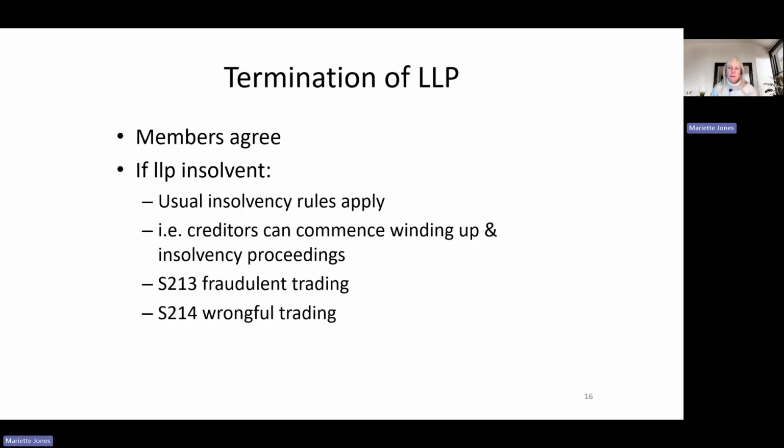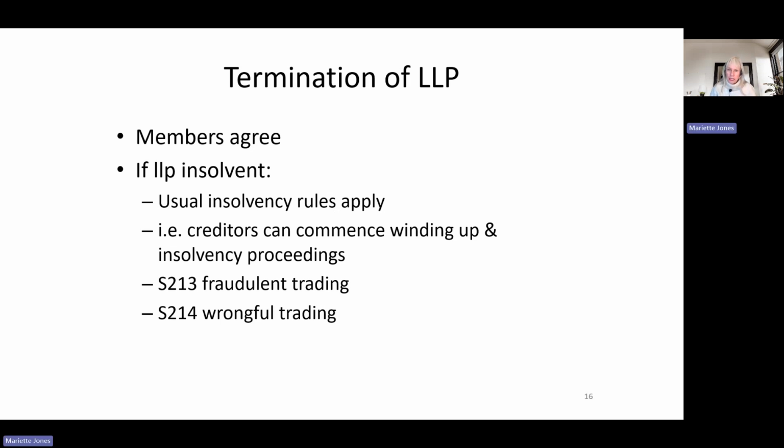If the LLP becomes insolvent, normal insolvency and winding up rules apply, including provisions under sections 213 and 214 of the Insolvency Act, which address fraudulent and wrongful trading, respectively. For a discussion of fraudulent and wrongful trading, see a separate lecture that I will upload on these topics specifically when we deal with insolvency and liquidation.